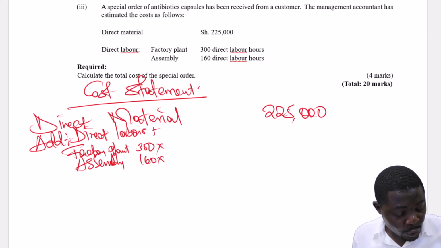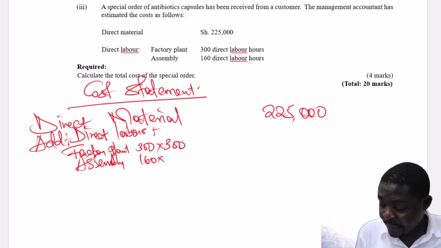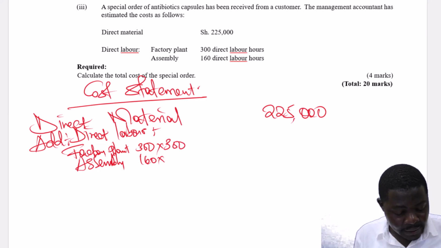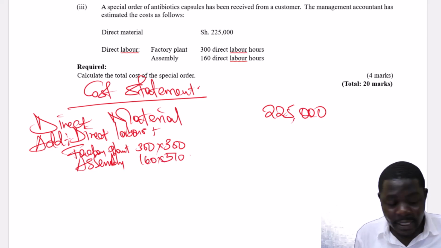We are told in additional information number 2, the budgeted direct labor rate per hour is 300 for factory plant and 510 in the assembly.